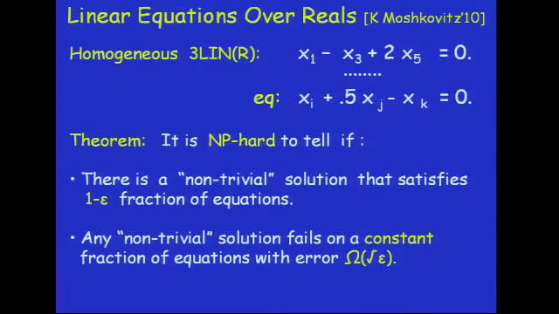So here is another result. It's a little bit hard to see why it is related to the topic of this talk. So this is about solving a system of linear equations over reals. So imagine that you have a system of linear equations where each equation has 3 variables, right? And these are all homogeneous. So a typical equation will look like x1 minus x3 plus 2x5 equals 0.